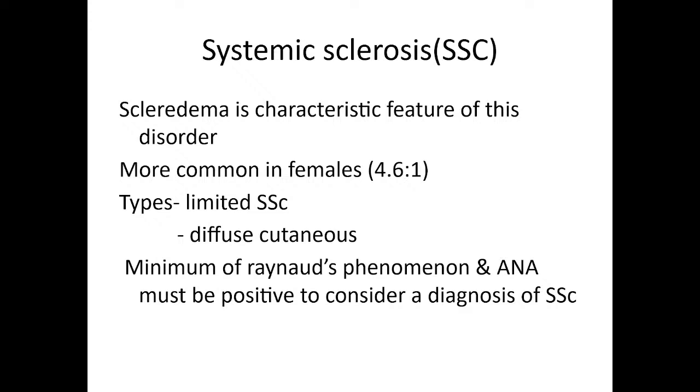And after that phase of vasoconstriction is over, there is accumulation of the vasoactive amines, cytokines in the periphery, which will lead to reactive dilation of the vessels, leading to redness and pain. So these three are the triphasic characteristic of classical Raynaud's. First phase of pallor because of vasoconstriction, followed by cyanosis, and on restoration of blood flow there will be erythema and redness and pain. So these are the characteristic phases.